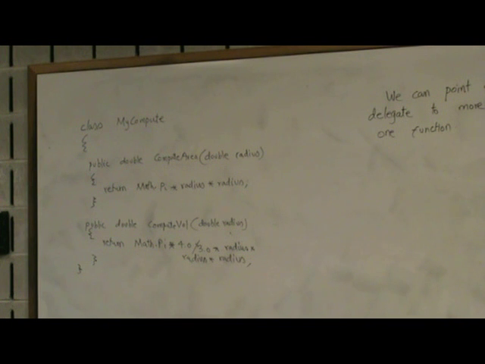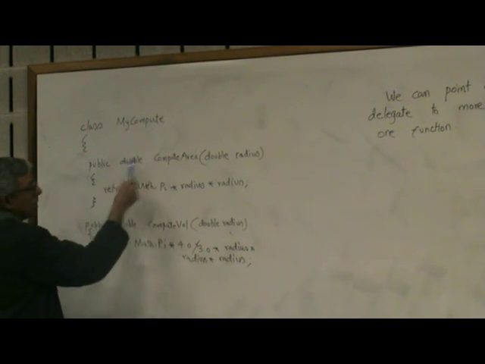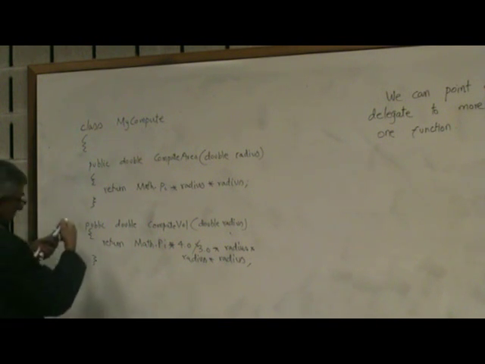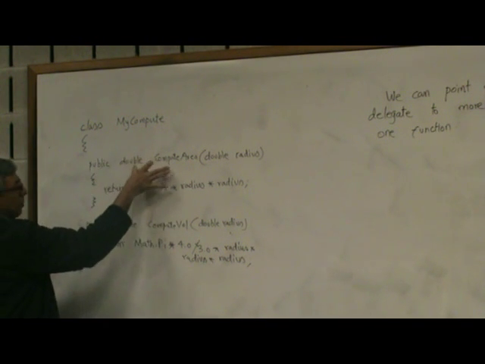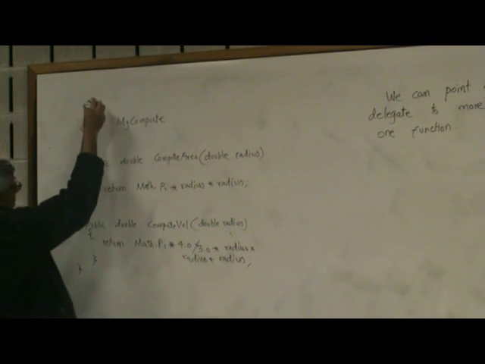Now we wanted to create a delegate so that we can point to both of these functions, right? If we take a look at the signature of both of these functions, what kind of return do these functions give us? double. And take a parameter of type double, right? So let's create a prototype to match the signature of the function we are interested in pointing to.